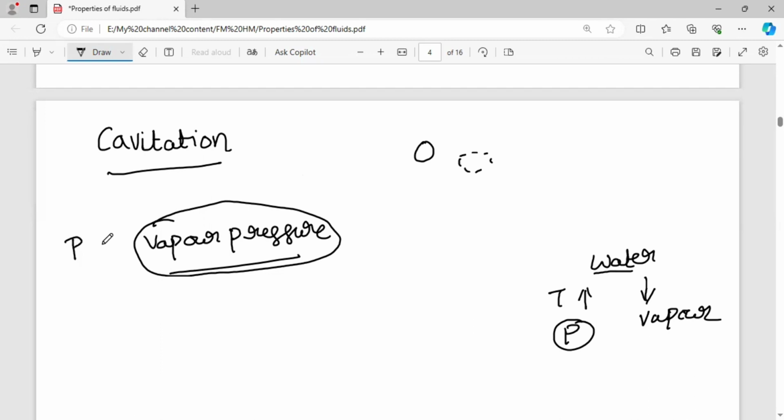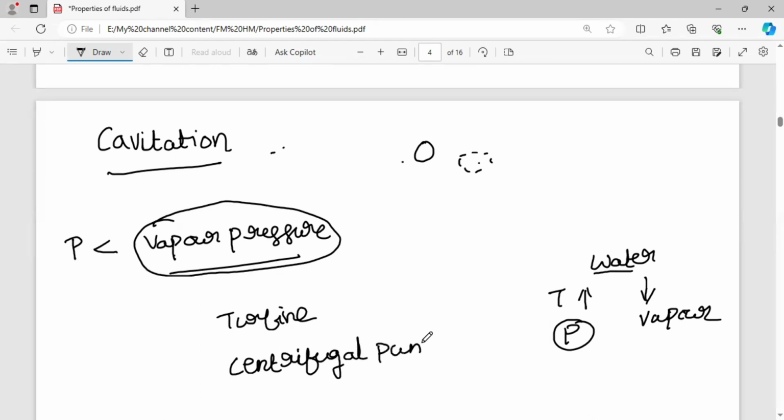When the pressure of the liquid is less than the vapor pressure, some bubbles will be formed and collapsed. That phenomenon is called cavitation. Generally, cavitation occurs in reaction turbines and centrifugal pumps.